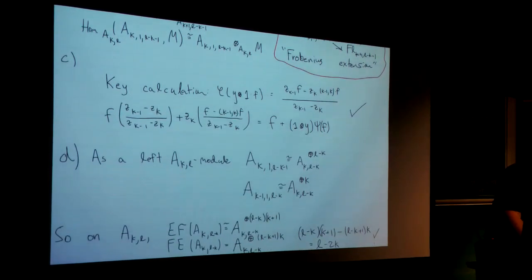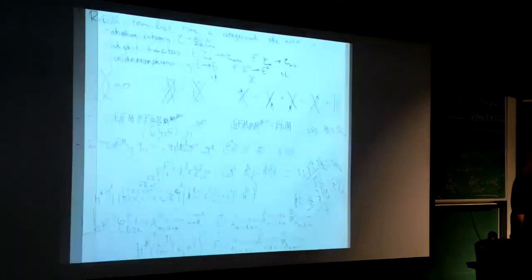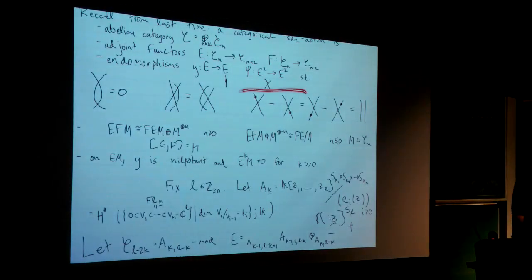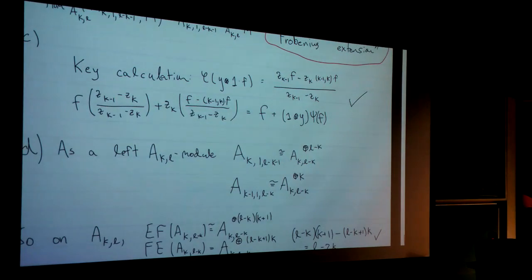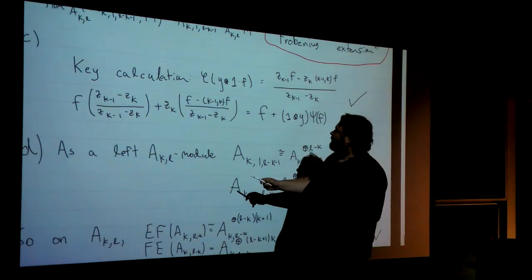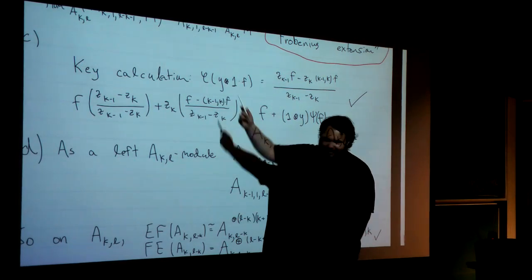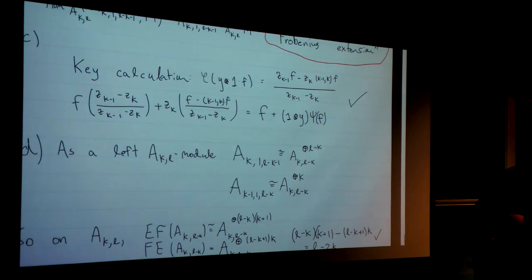I also have some relations I need to check. I'm not going to go through all of these, but the key thing is, why does this relation hold? As I say, that's the relation for how polynomials commute past divided difference operators. So I've just written down the proof for you here.